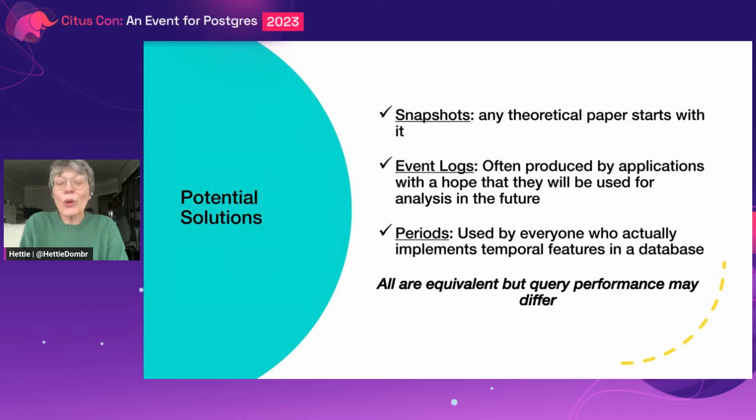And then people who actually try to implement temporal data and temporal queries use periods. For each record or for each value, they assign a period of time when this was valid, when we believe it was true. All these three approaches are equivalent in some sense, theoretically, but the actual query performance obviously differs dramatically depending on which path you choose.